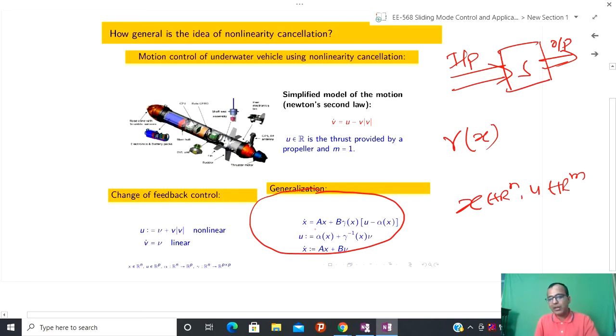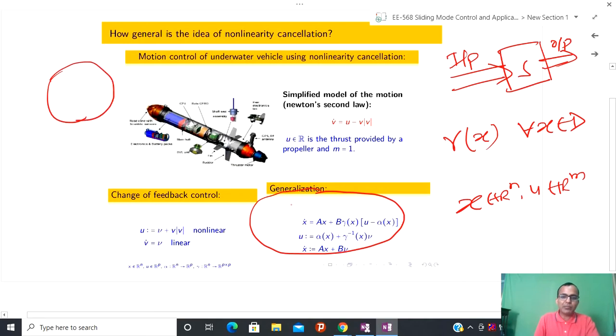So if I have this class of system, then I can design a control with the negative part, or vice versa. And I am assuming that gamma(x) is invertible for all x. Whenever I have a nonlinear system, I assume the model is only valid in some region.